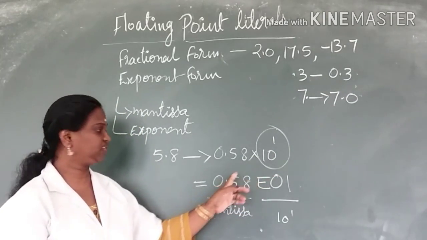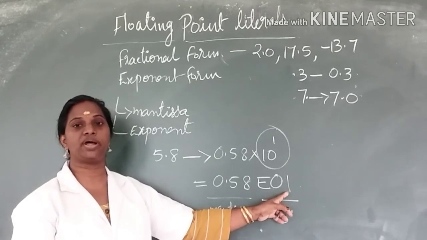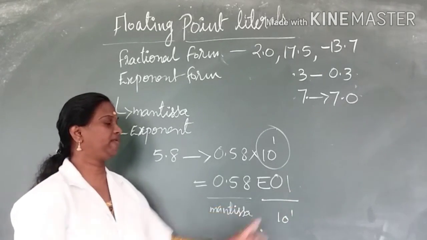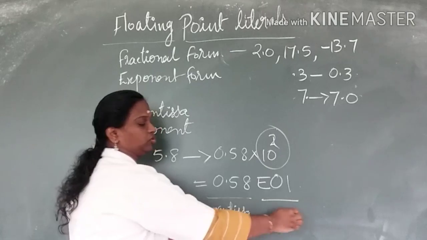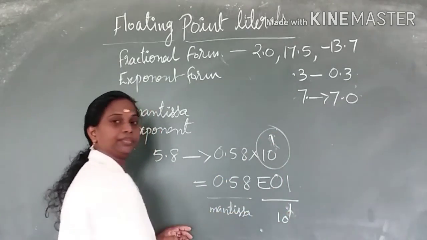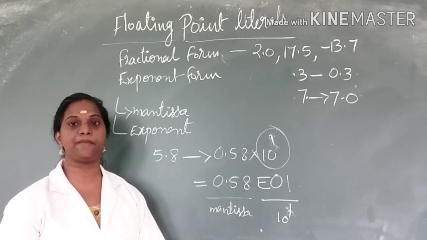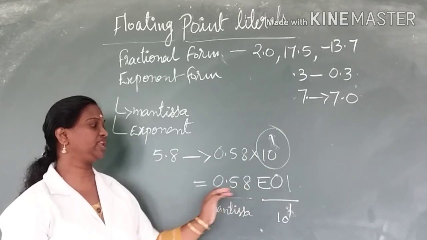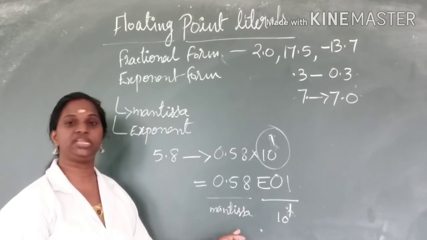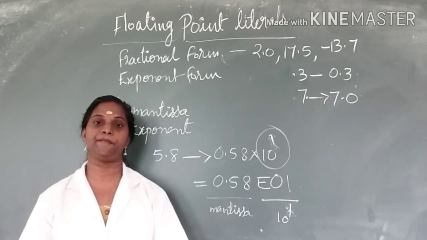So you can write this as 0.58E01. E01 is the exponent part and its value is 10 raised to 1. Whatever value is given here is the exponent part, and the numbers before the E are called the mantissa part. So here 0.58 is the mantissa part and E01 is the exponent part.